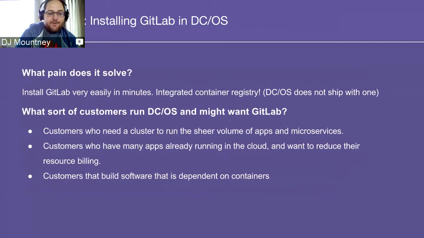And then finally, customers that build software that is dependent on containers. There are companies that make software that is totally reliant on containers, and they might not want to do their own orchestration, so they might be using DCOS and want GitLab.